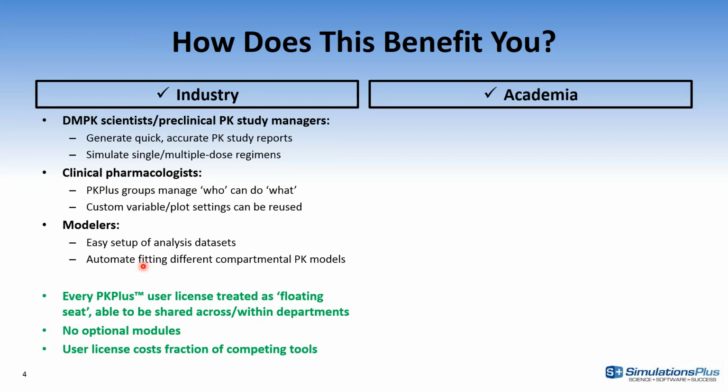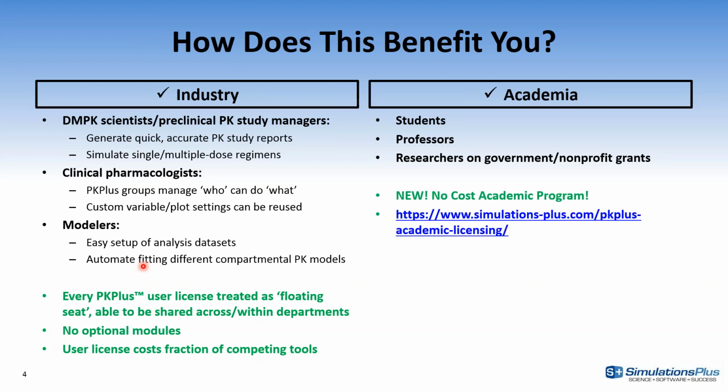Now, from a nonprofit or academic perspective, for students learning pharmacokinetics, or professors teaching pharmacokinetics, or researchers on government or nonprofit grants who need to perform basic but thorough PK modeling activities as part of their projects, we're very happy to announce that starting with PKPlus version 2, there is a new no-cost academic program.